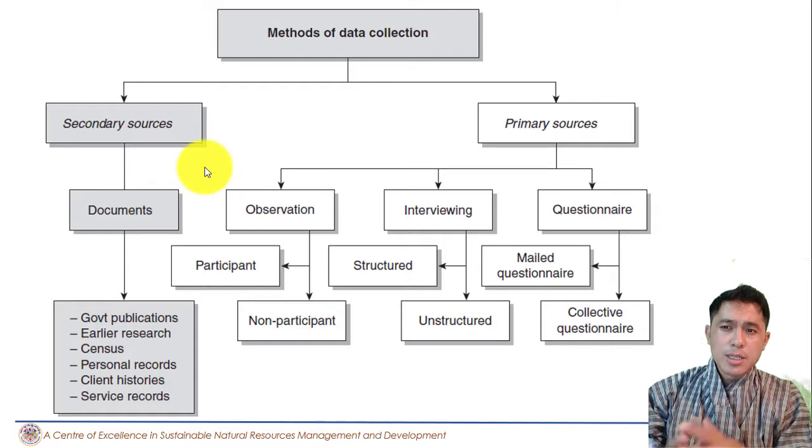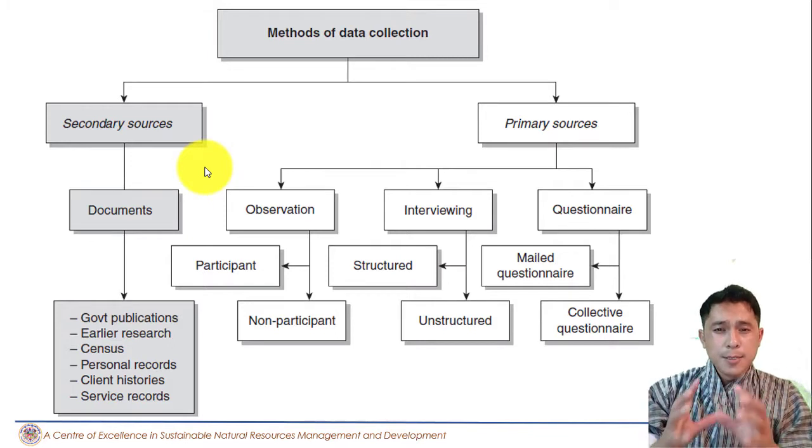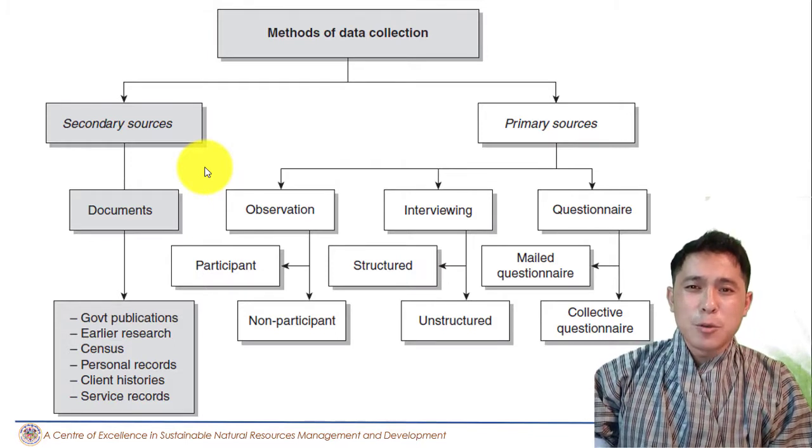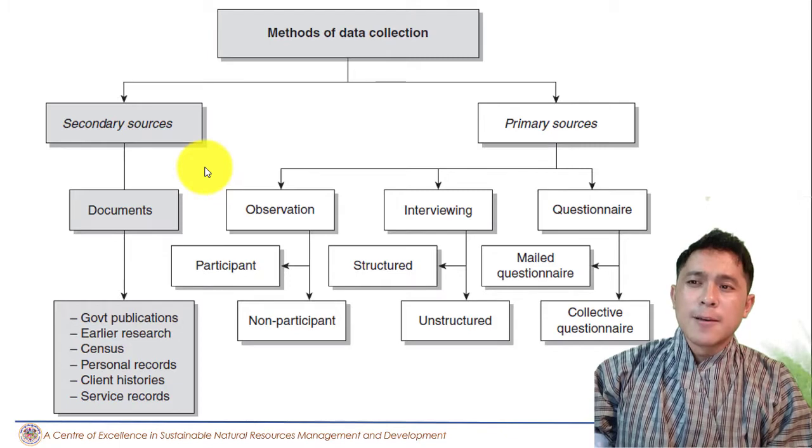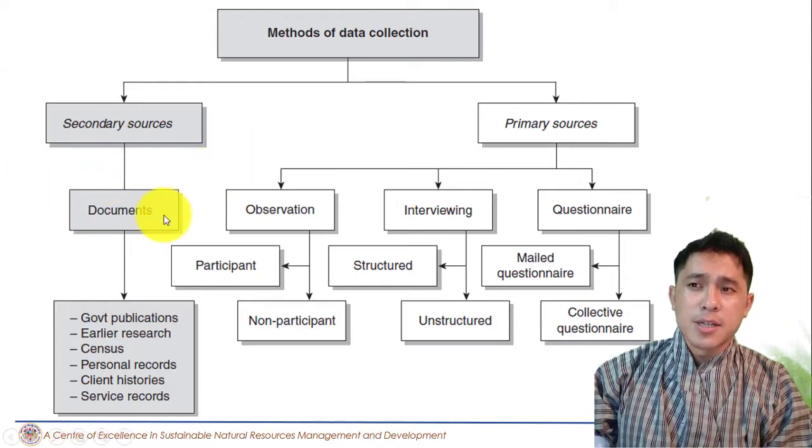But however, if you just look at primary sources, there are again very diverse different methods to look at. But for our ease, again, we're just going to look at three major types of data collection methods.